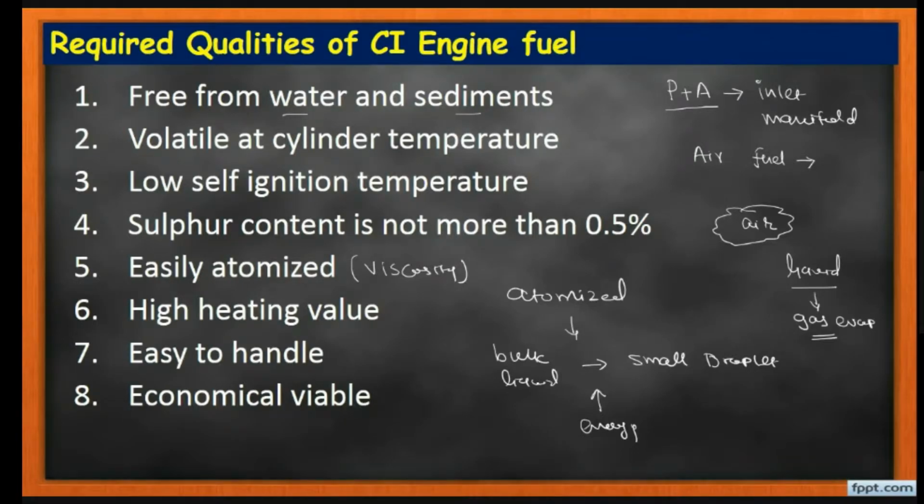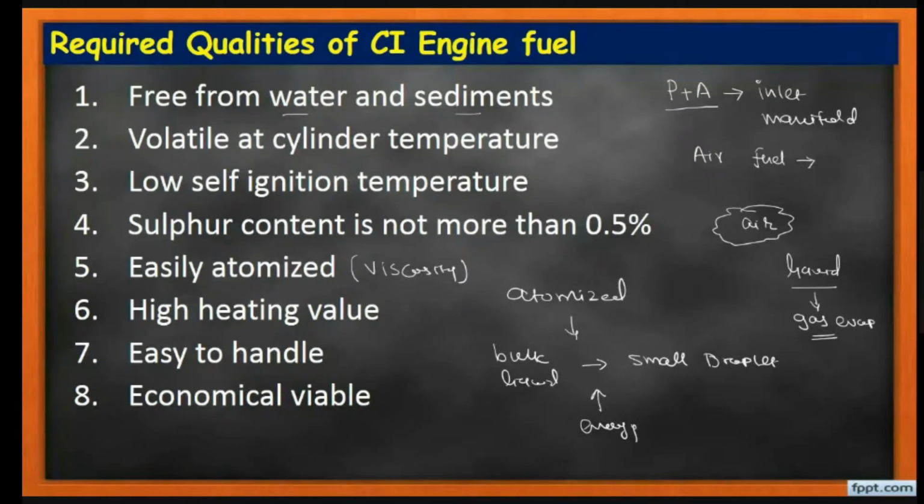So if it is not easy to handle for all these processes, then it is very difficult to use the fuel in diesel engines. Then economic viability. So students, economic concern is also there, and sometimes you may also write that it is easily available when it is required.